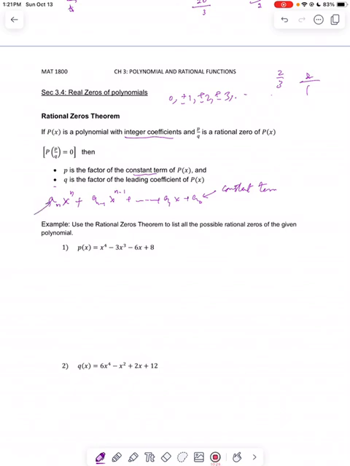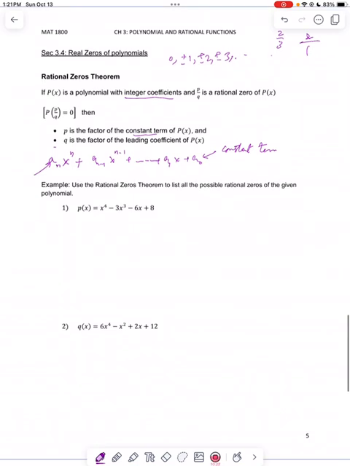Here is an example: use the rational zeros theorem to list all the possible rational zeros of the given polynomial. This is how we do it.